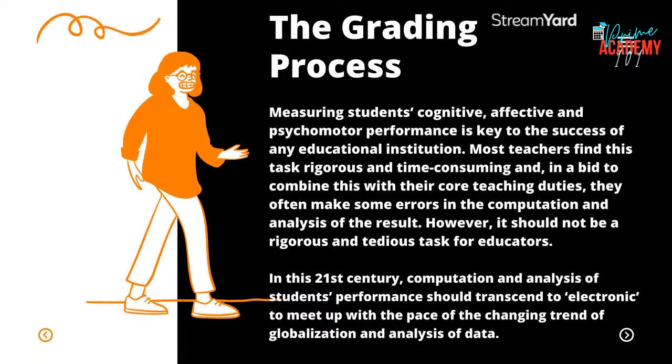However, as educators, this shouldn't be so. That's why in this 21st century, computation and analysis of student performance should transcend to electronic, where there will be no need for teacher manual computation of results. Computer does the work for you.